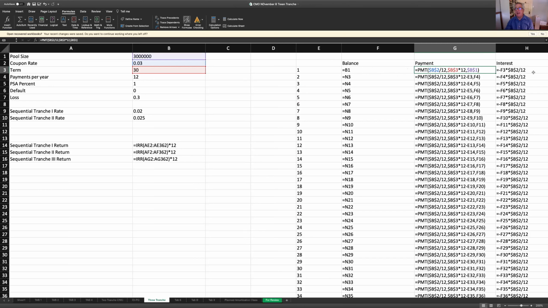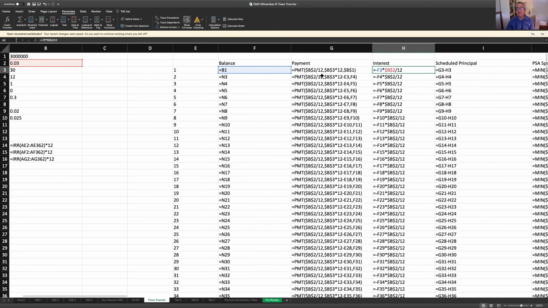Our interest payment in each period is going to be our balance at the beginning of the period multiplied by the coupon rate, which is over here in B2, and that stays constant.